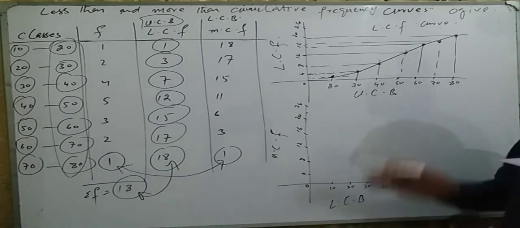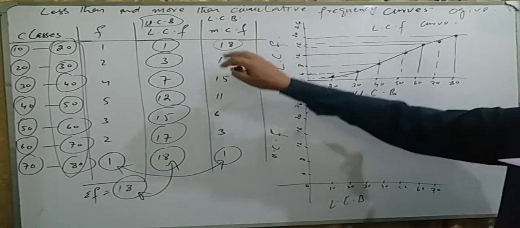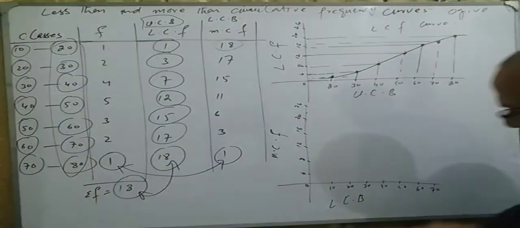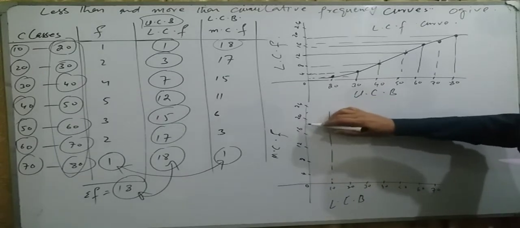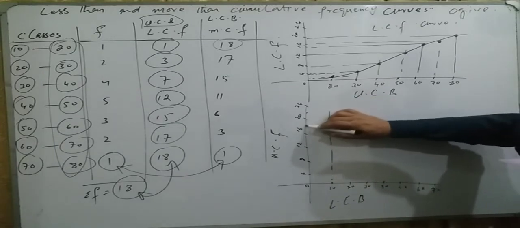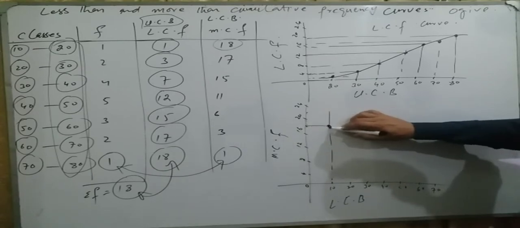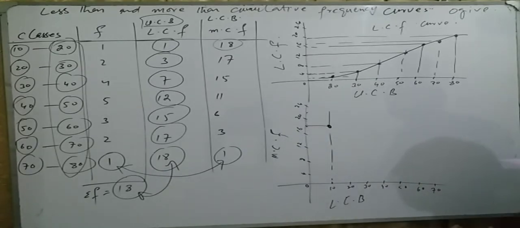Now try to join the corresponding elements. 18 on 10, so it will start from the high level. This is 18 and 10.